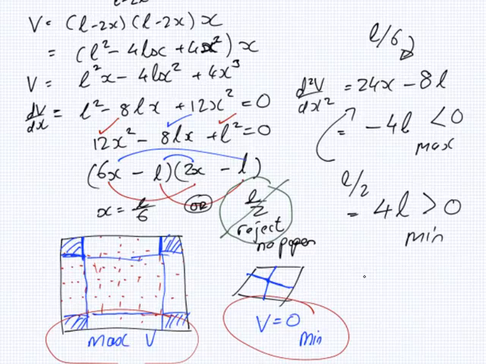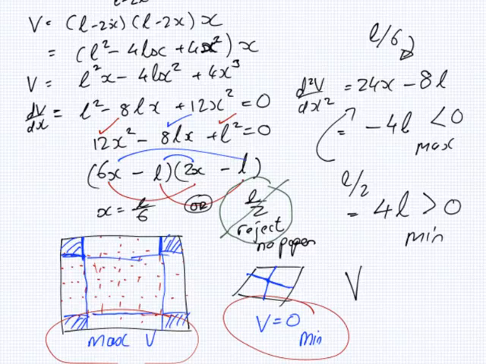And the very last thing that they could ask you to do in the exam is actually calculate the volume. So if I put L over 6 back into this equation, L over 6 times 2 is L over 3.